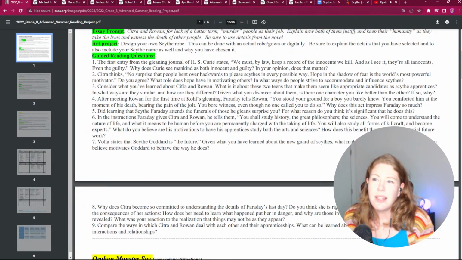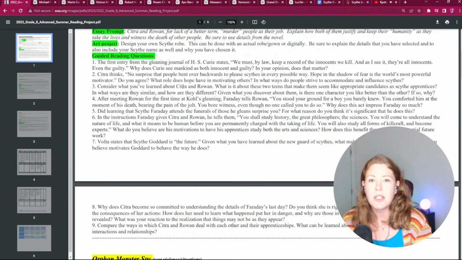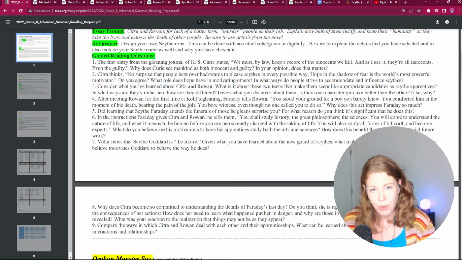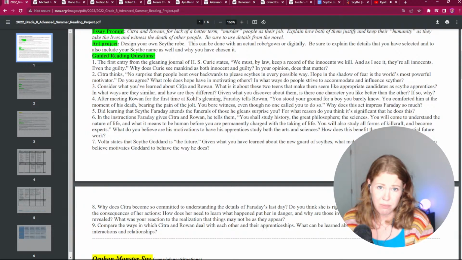Rowan, on the other hand, I think he got chosen because, you know, again, this kind of fearlessness of willing to put himself in a position that he wouldn't normally be in to do a good thing for somebody, right? So like he doesn't go to Cole's Gleaning for the reasons that all of his friends think that he went to Cole's Gleaning. He goes because he wants to be there for him, because he wants to not let him be alone.